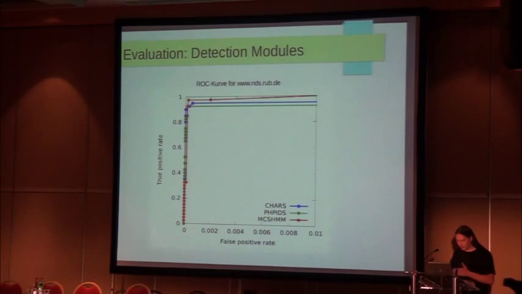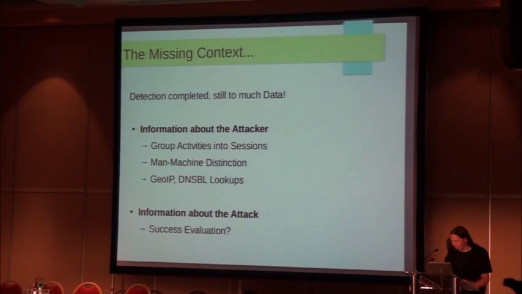So now we have those detection algorithms, and they have completed, but we still have thousands of lines of potential attacks, which is still too much data and too little information. So what we can do is get more information about the attacker, and even more interesting, maybe get information about the attack.